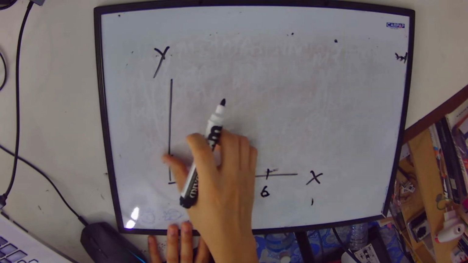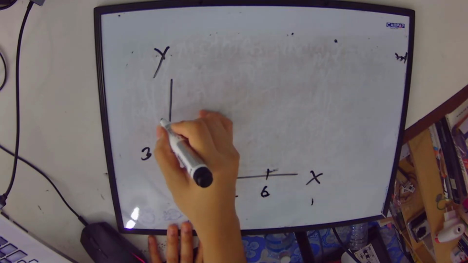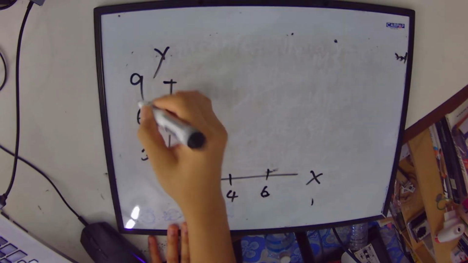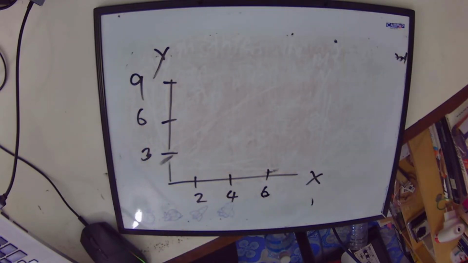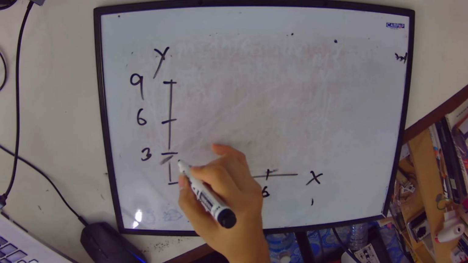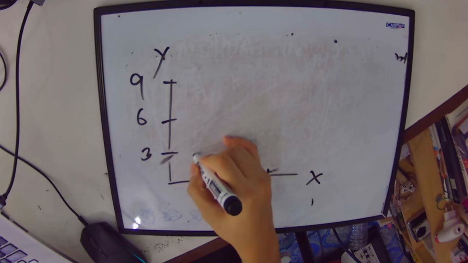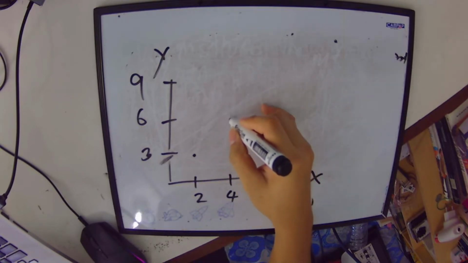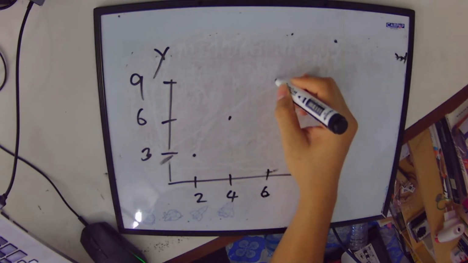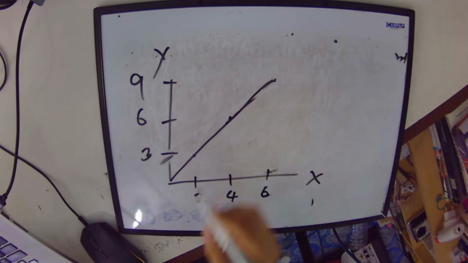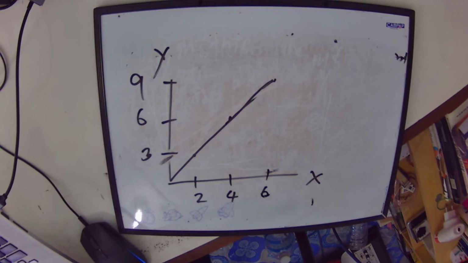And here we have 3, 6, and 9. Okay, and let's start from the origin. We have one dot here, another dot there. Let's draw a line. And so how do we find the gradient?